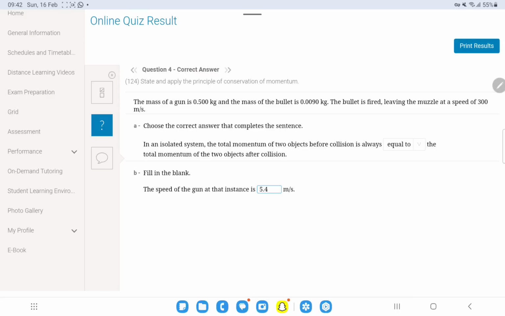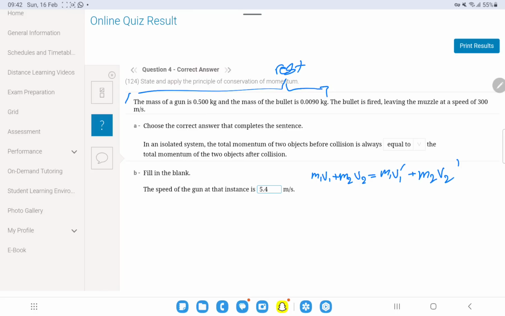And in part B, they want the speed of the gun. You can say m1 v1 plus m2 v2 equals m1 v1 prime plus m2 v2 prime. Here the system in the beginning is originally at rest.